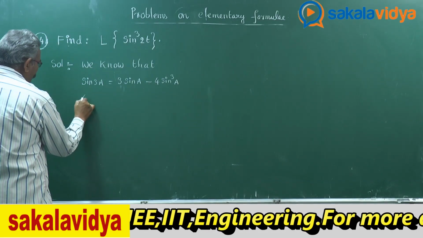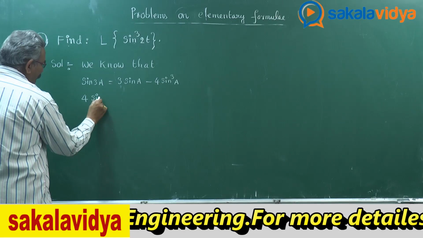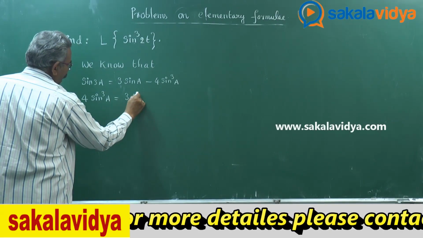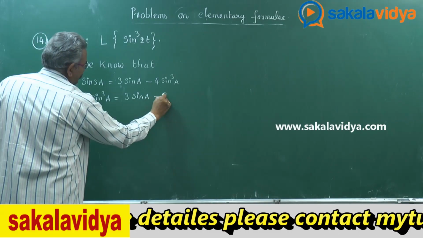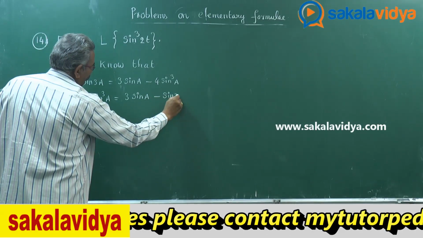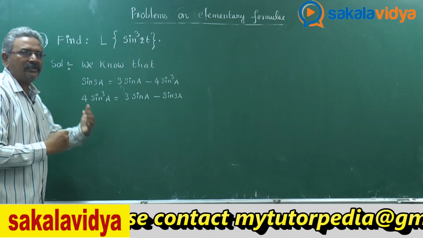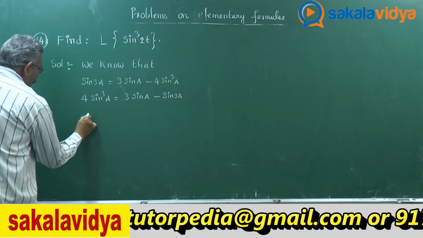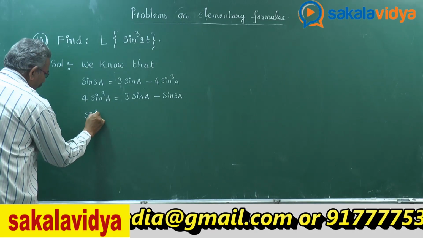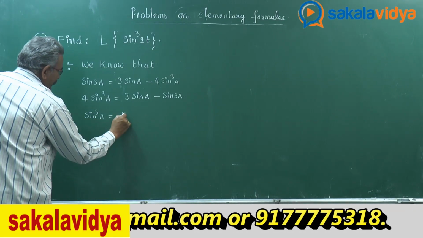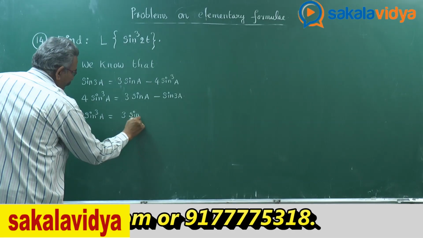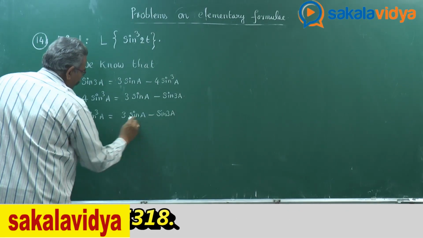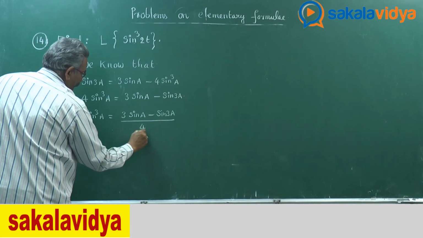So we get 4 sin cube a equals 3 sin a minus sin 3a. Our aim is to determine the value of sin cube a. So now we can write sin cube a as 3 sin a minus sin 3a, divided by 4.